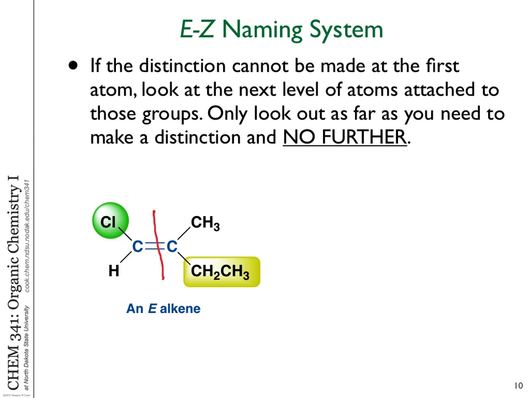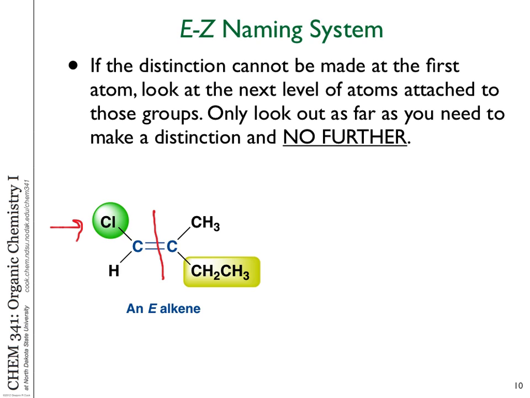You can clearly distinguish the highest priority group: you have the chlorine versus hydrogen, and chlorine has the higher atomic number. But if you go to the right side, the ethyl group versus the methyl group, the ethyl group gets the higher priority, but the question is why?